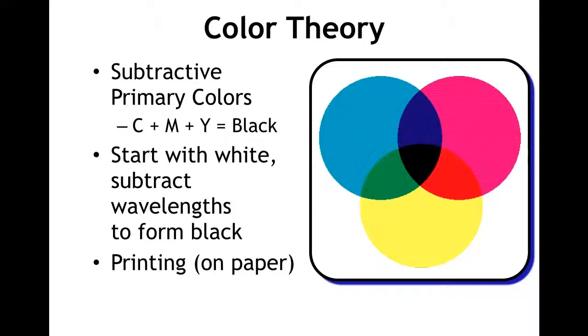With some printers, it's closer to black than others, but it's typically never as black as a black ink by itself. So we're actually using black to make up for deficiencies in our three process inks, and we're also doing it because it's cheaper than printing with three colors. So we start with the white, and as we put the different colors down, we either get black or some combination thereof, and that forms the entire visual spectrum or the gamut of your device.